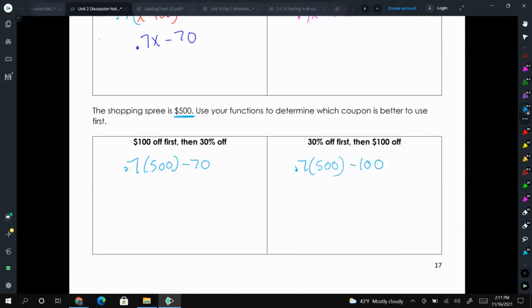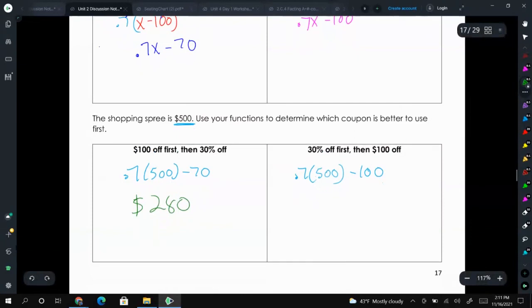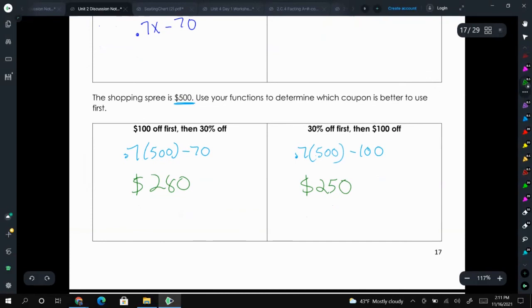And for this one on the left, I get $280. And we should expect to get a value $30 lower for the one over here. So 0.7 times 500 minus 100, and that's $250. So by using the 30% off first, I'm saving $30 off of my purchase.